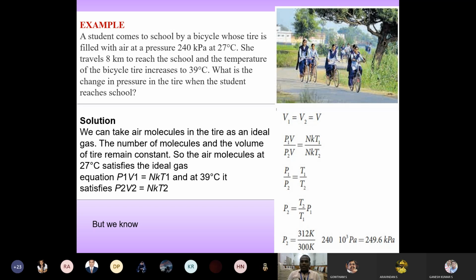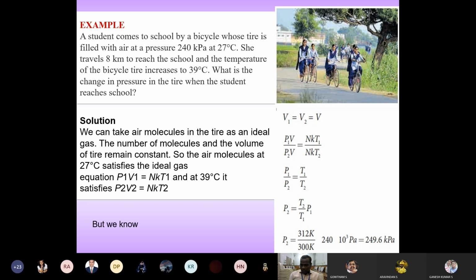So at state 1, we can have the equation P1V equal to NkT1. N and k are constant, so we keep them as constant. And at 39 degrees Celsius, we have the formula P2V equal to NkT2. Here N and k are constant, so we keep them as such, right?